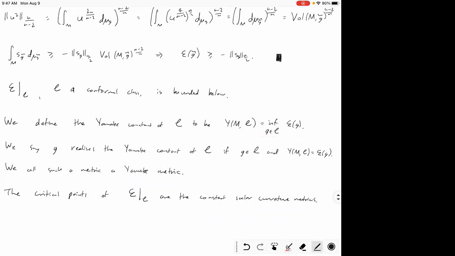Okay. So a Yamabe metric is a minimum of this restricted functional. So it has constant scalar curvature.